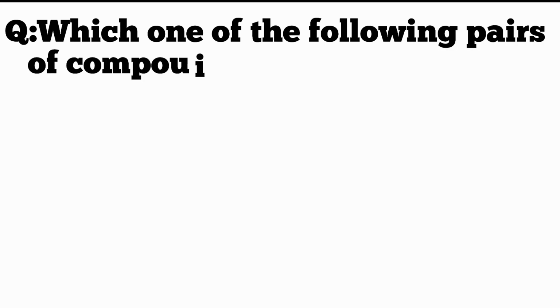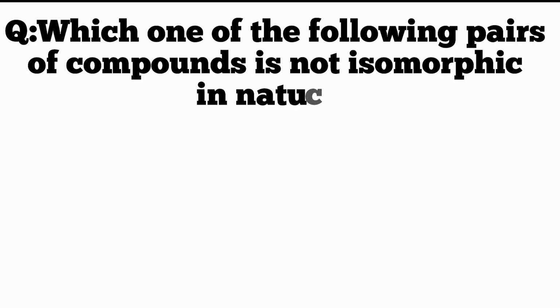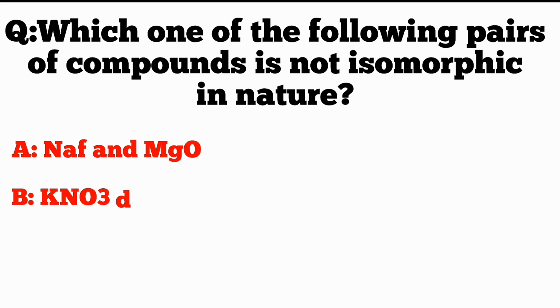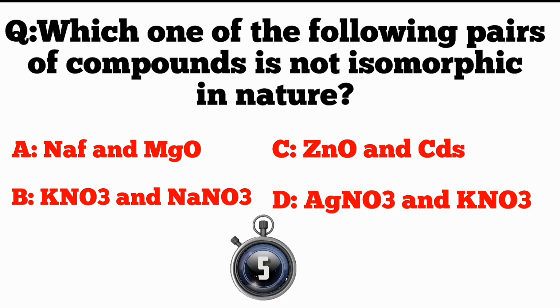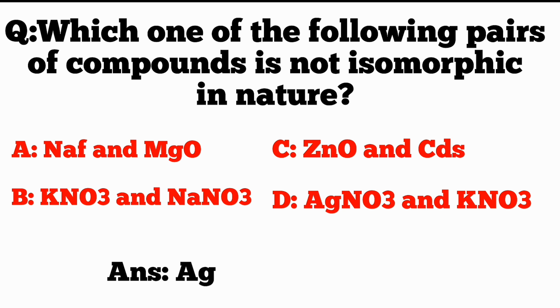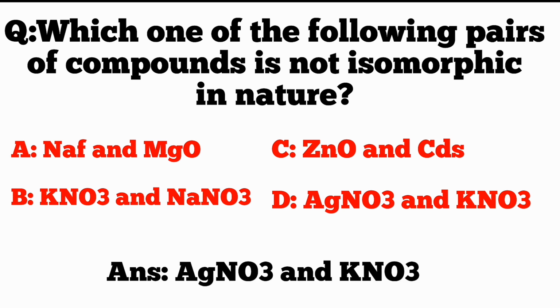Q. Which one of the following pairs of compounds is not isomorphic in nature? A. NaF and MgO. B. KNO3 and NaNO3. C. ZnO and CdS. D. AgNO3 and KNO3. Answer: AgNO3 and KNO3.